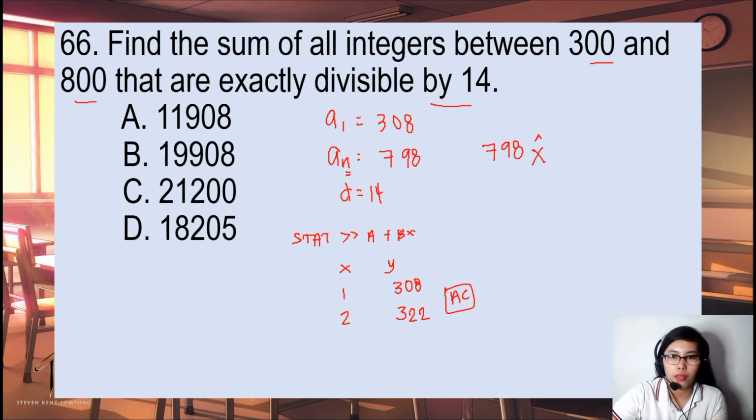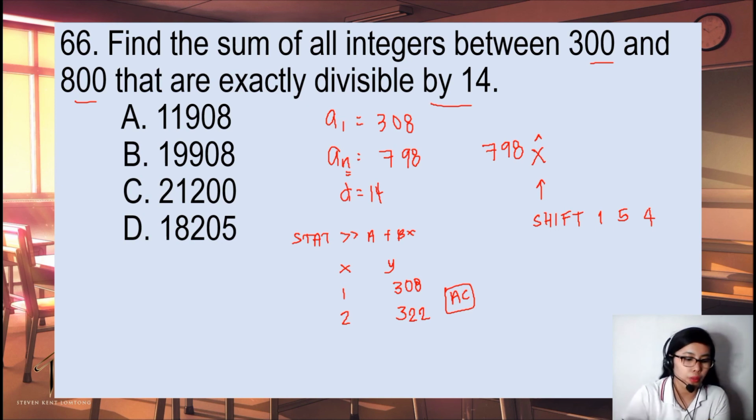Okay, the x hat is from the shift 1 5, number 4 sa akin. Shift 1 5 4. So x hat. This is to determine kung pang ilan si 798. So ang makukuha nyo is 36.